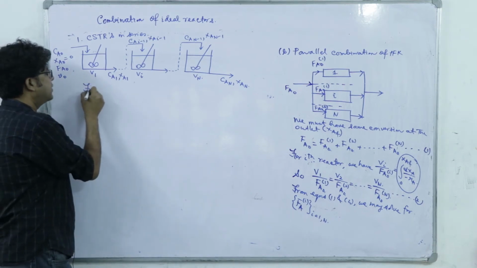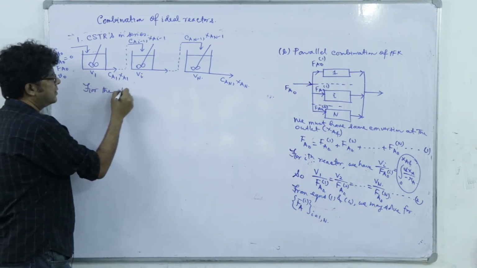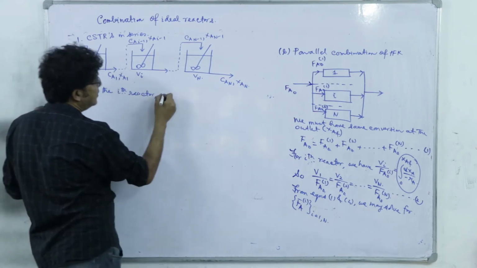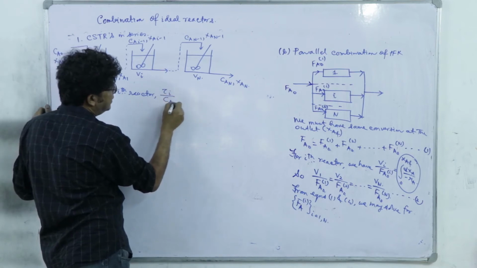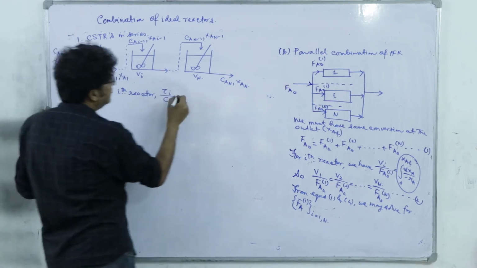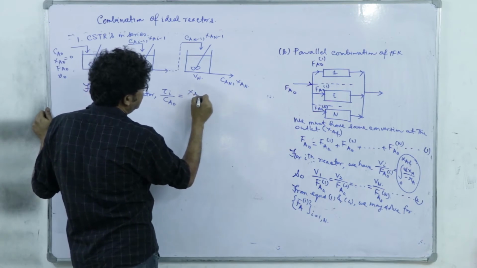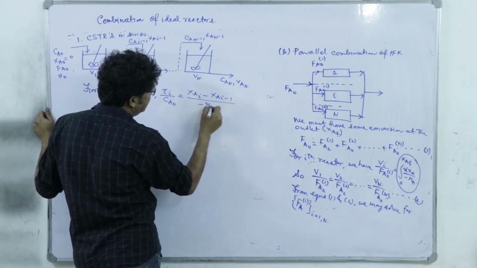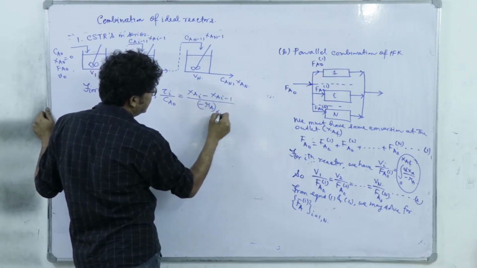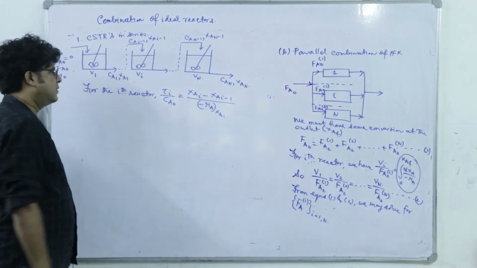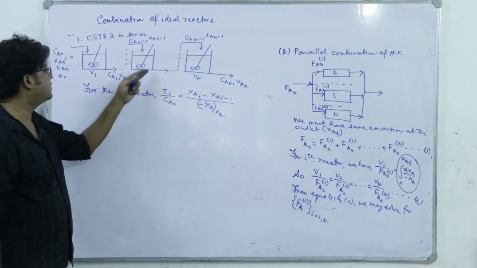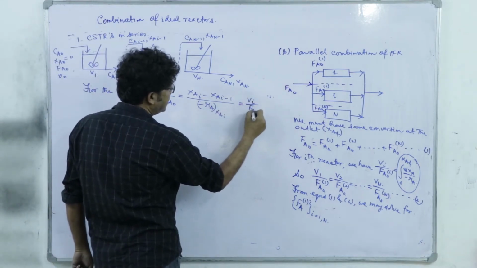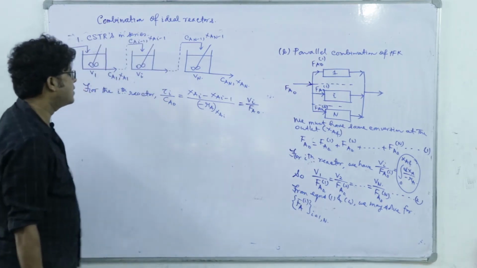So, for the ith reactor, we have tau i by Ca naught, again that of unconverted stream, equal to Xai minus Xai minus 1 divided by minus Ra at Xai. So, that is the performance equation of this ith CSTR, and that can also be written as Vi divided by Fa naught. Right.